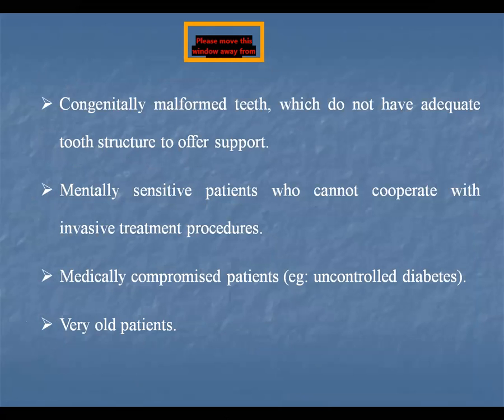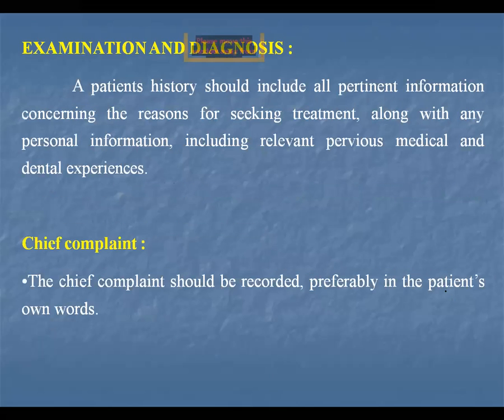Otherwise, it will have an aesthetic effect or an effect on function. Mentally retarded patients, we don't give it. In medically compromised patients, we try to avoid fixed partial dentures when the patient is having uncontrolled diabetes. Very old patients, we don't prefer to give a fixed partial denture.